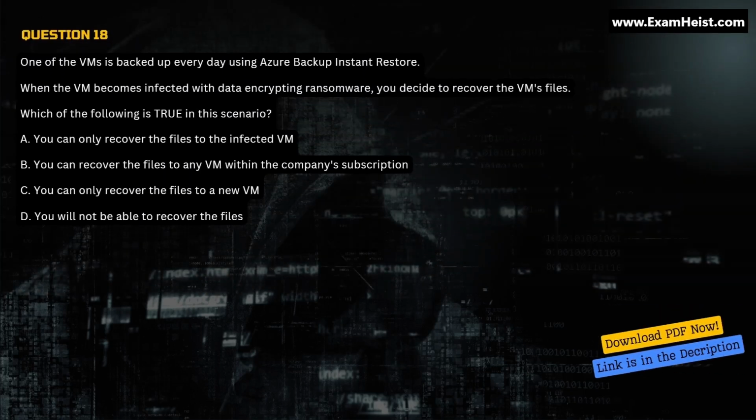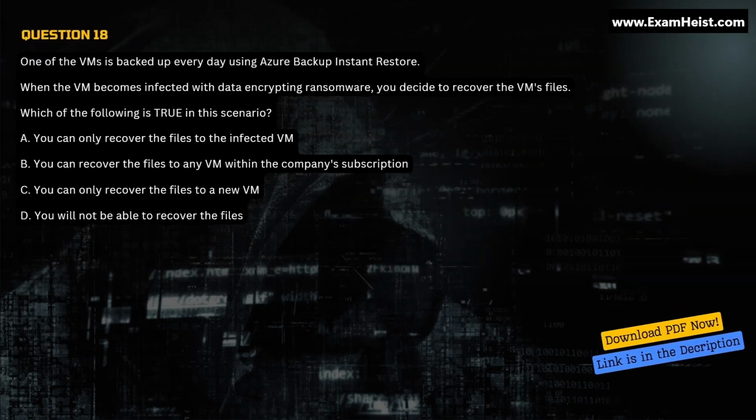Question 18. One of the VMs is backed up every day using Azure Backup Instant Restore. When the VM becomes infected with data encrypting ransomware, you decide to recover the VM's files. Which of the following is true in this scenario? A. You can only recover the files to the infected VM.